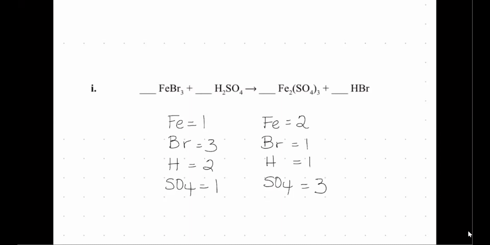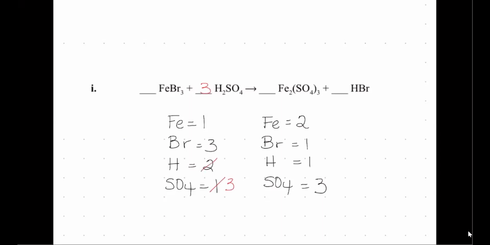We need to start somewhere. For me, the easier route is to start with the polyatomics. So I'm like, you know what? There's 3 sulfates on the product. Let me just put a number 3 here. And say, oh, now I have 3 sulfates. But this also affected my hydrogens.